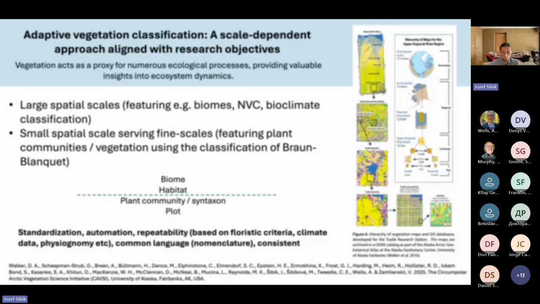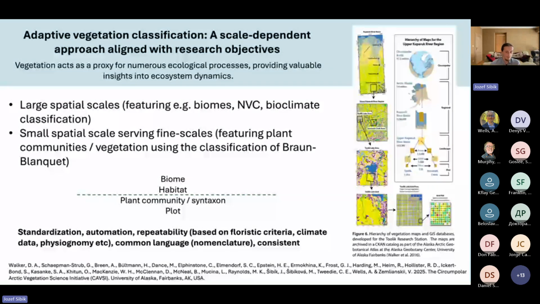Or we can use the biome concept based on climate data or physiognomy. And also what is important from my point of view is a common language, like nomenclature, because sometimes when I'm traveling and working with different classification systems, the names are just names, and sometimes I don't understand.